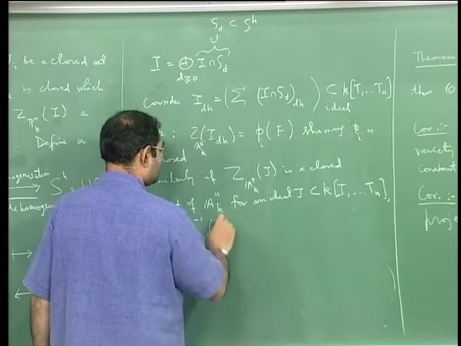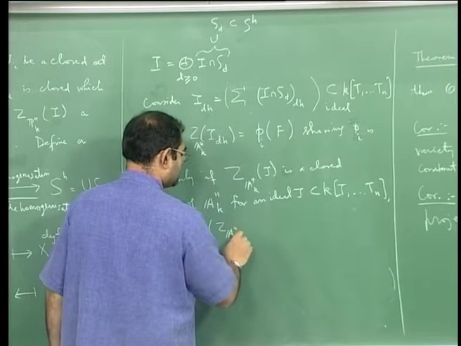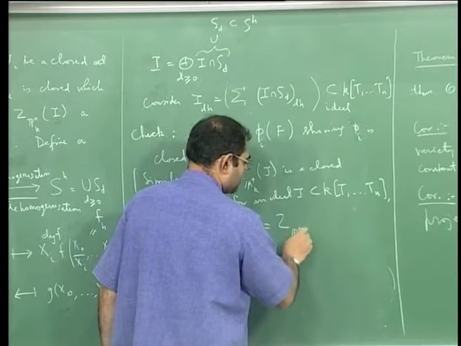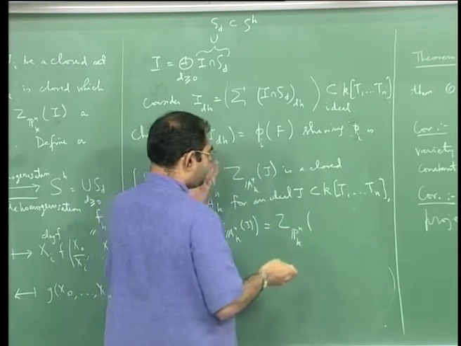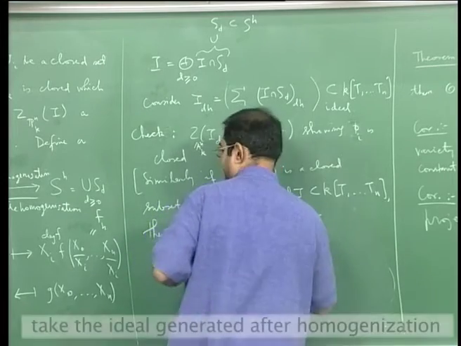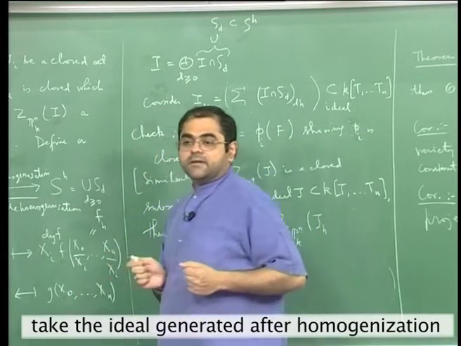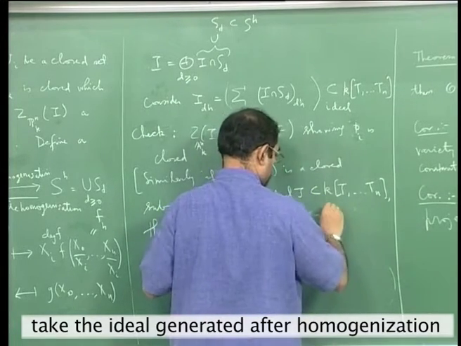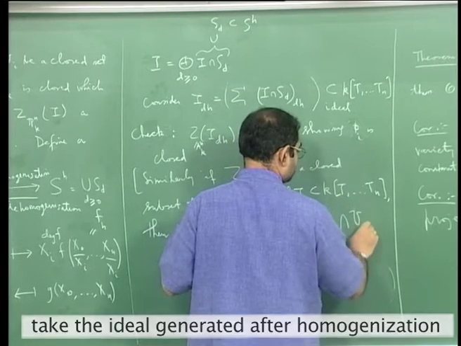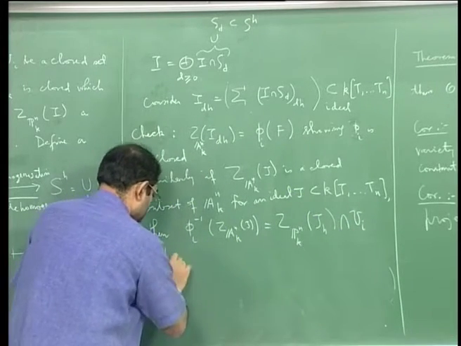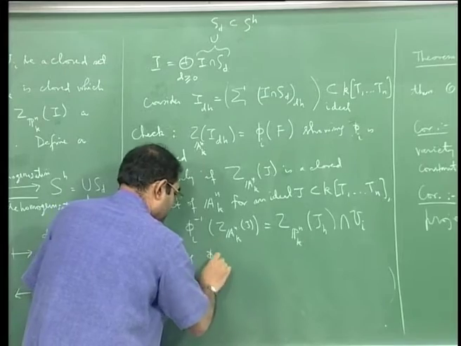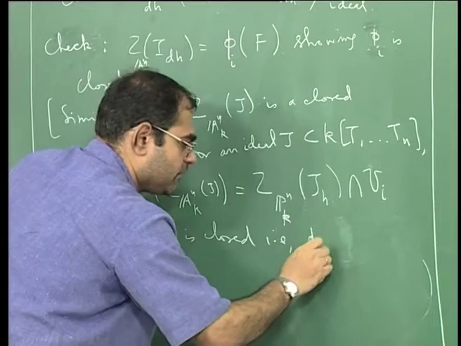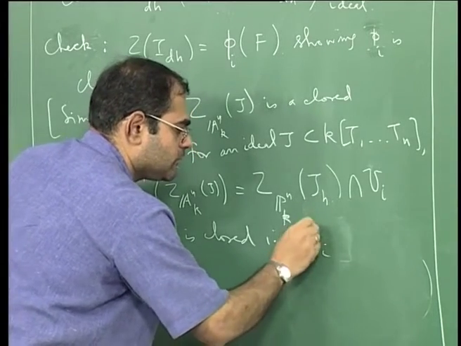phi inverse of Z(J) in An is simply Z of the homogenization of J in Pn, which is J^h. Okay, it is the homogenization of this ideal, intersected with Ui, showing phi inverse is closed, that is phi is continuous.